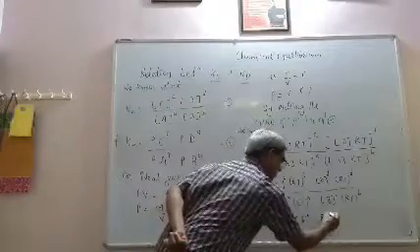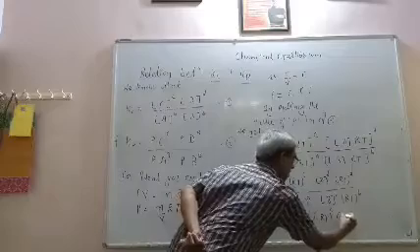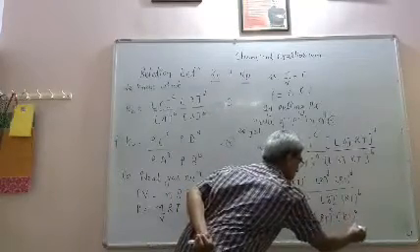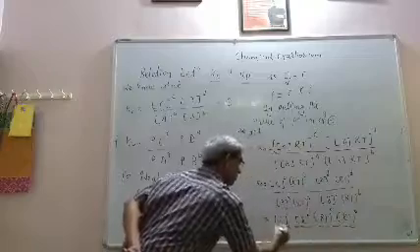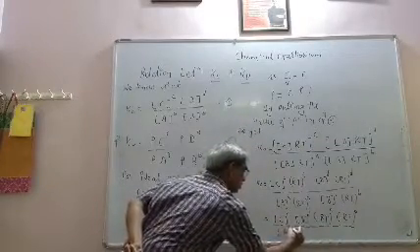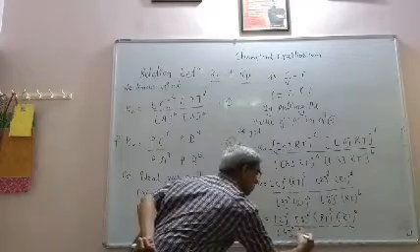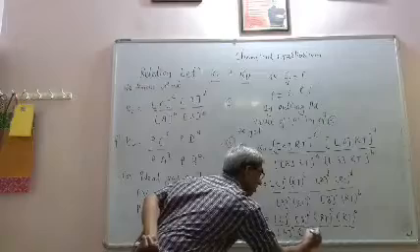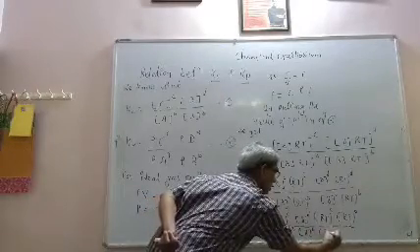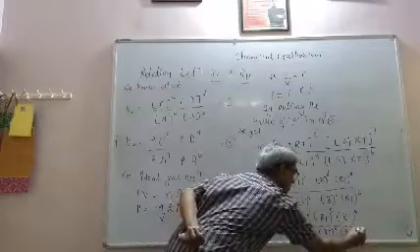We'll write in next common, RT raised to C, RT raised to small d upon active mass of A raised to small a, active mass of B raised to small b into RT raised to A, RT raised to B.